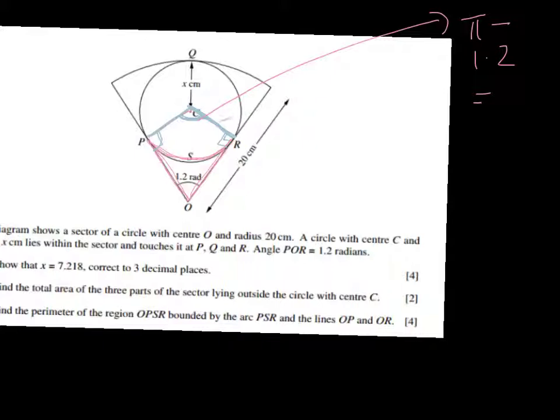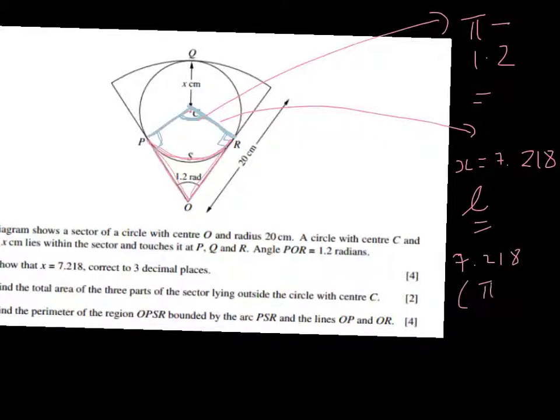The radius of the circle we know from before is that it's 7.218. So if we put that all together, the curved edge of that perimeter is the same as 7.218 times pi minus 1.2. And I just haven't evaluated that because I don't want to round too early. I can do it all on the calculator in one step, and that's probably the safest way so that you don't make it inaccurate until right at the end.